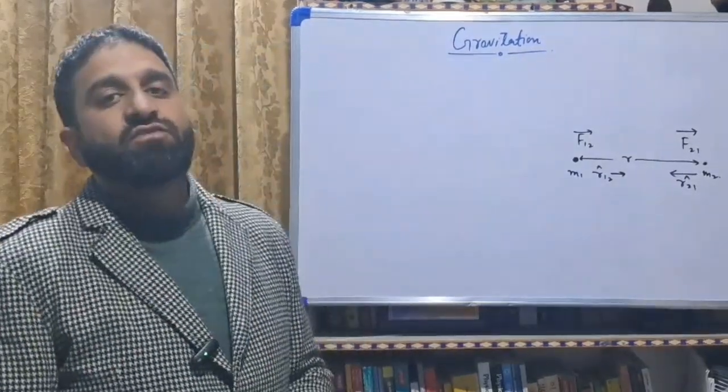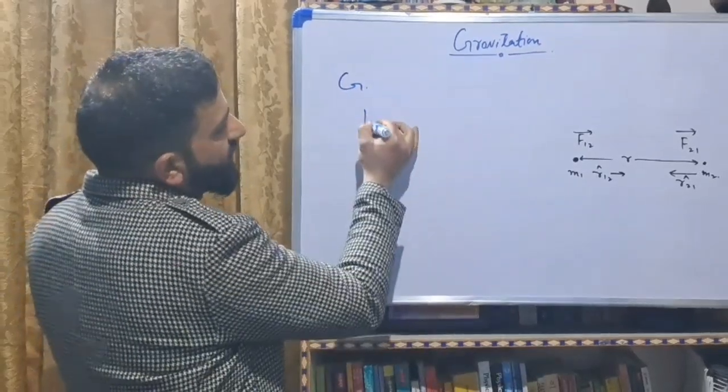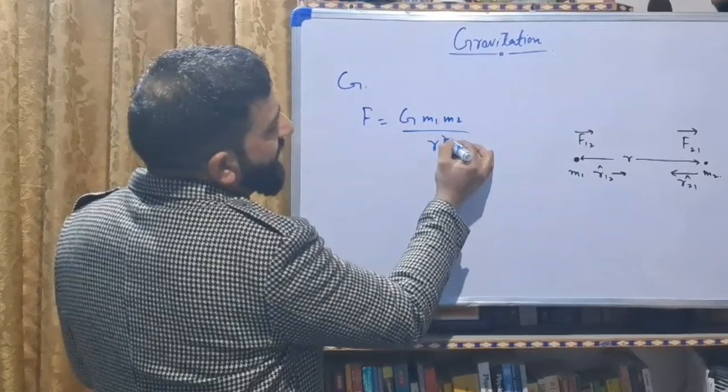We will try to define G. We know that F is G m1 m2 divided by r square.